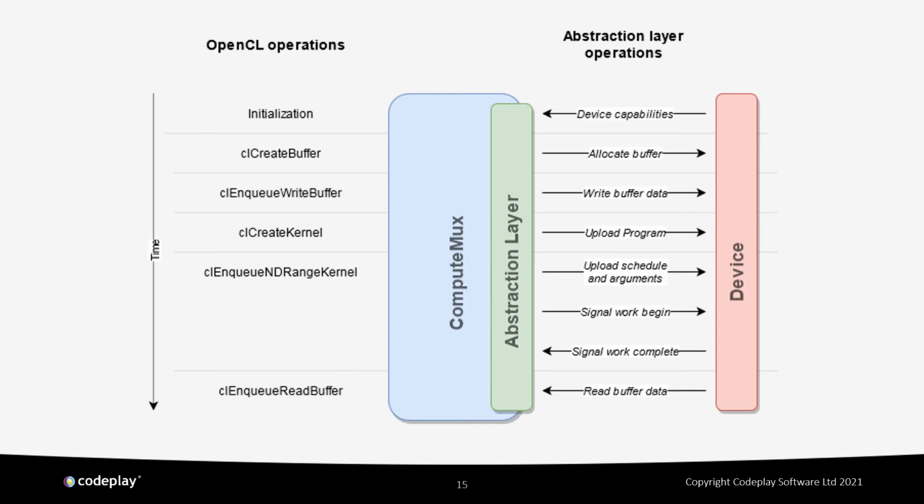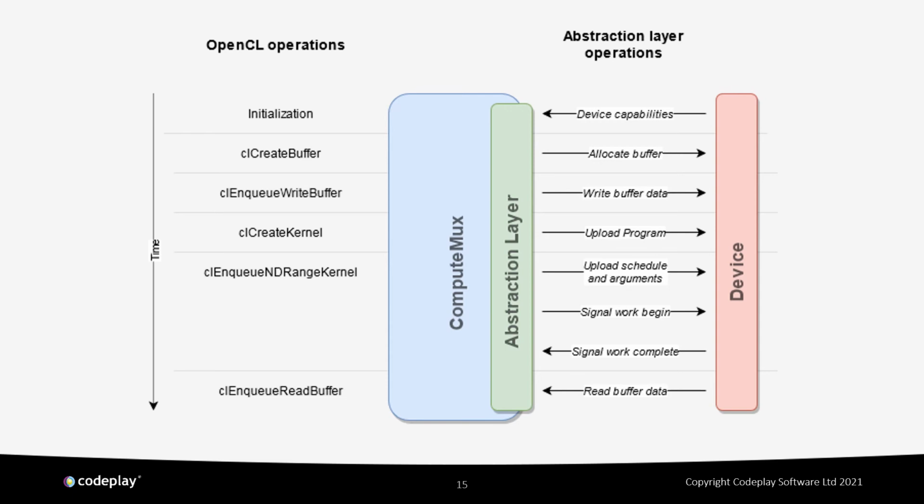And then perhaps once you've created your platform and devices, then the user is going to try and create buffers to upload data to be worked on. And so creating a buffer will map to an allocation in the abstraction layer. So the device itself might actually just supply a linear memory range, and then the abstraction layer will actually manage allocating blocks of memory from within that range and also handling free as well.